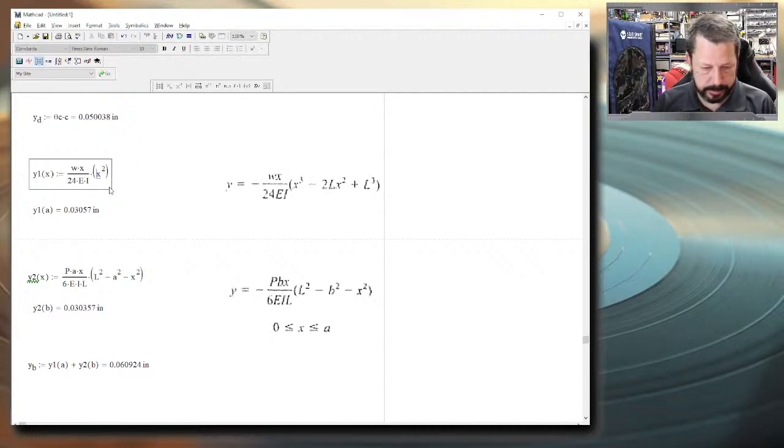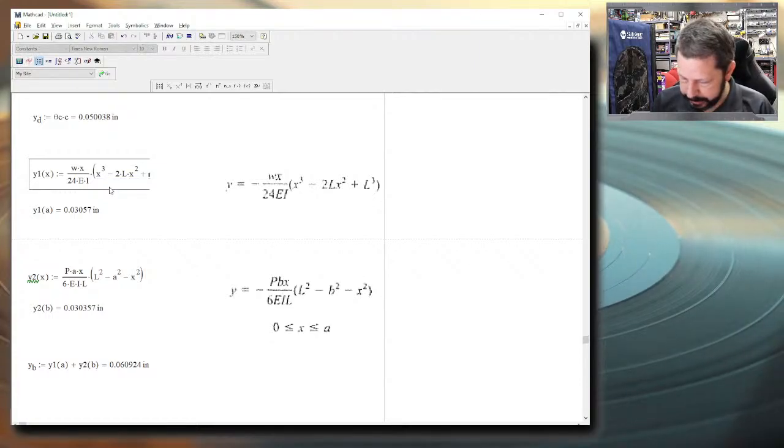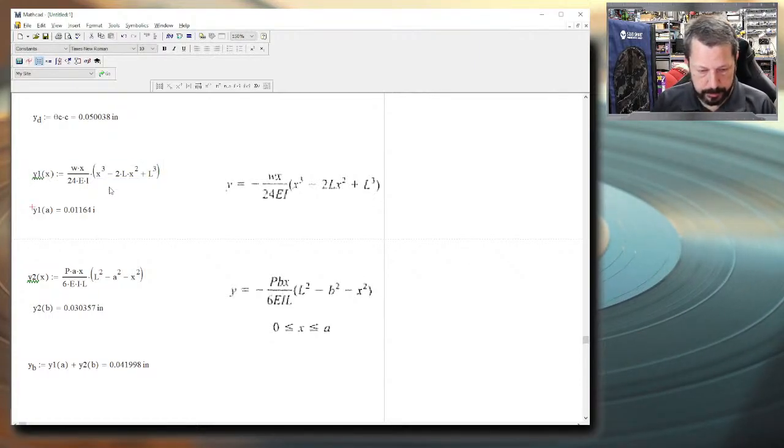Let's get rid of all that. It's messing me up. x cubed minus 2 times L times x squared, plus L cubed. There's a 4.